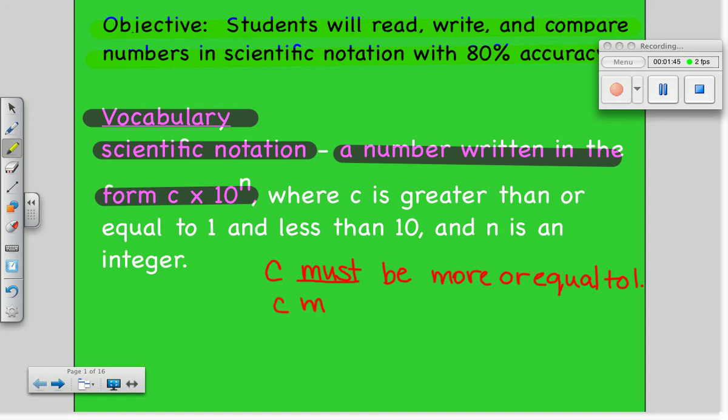C must be less than 10. It can't be 10. It has to be less than 10. So it could be 9.9, 9.999. It just cannot be 10, okay? So write down these two rules for that.